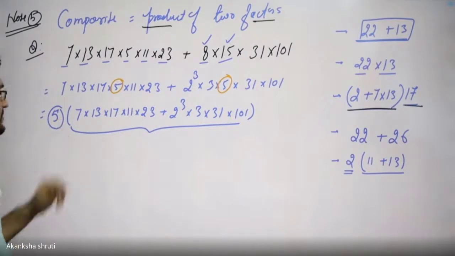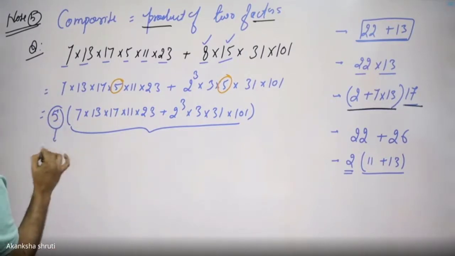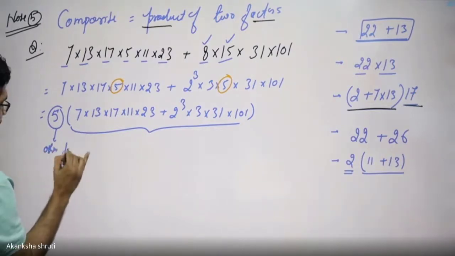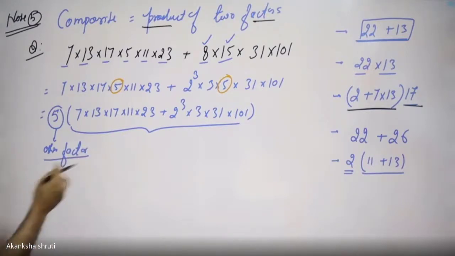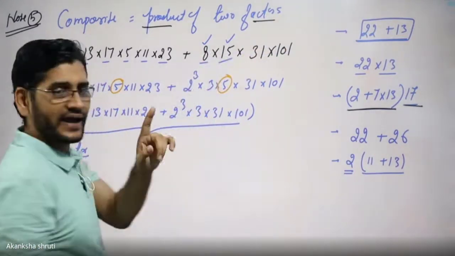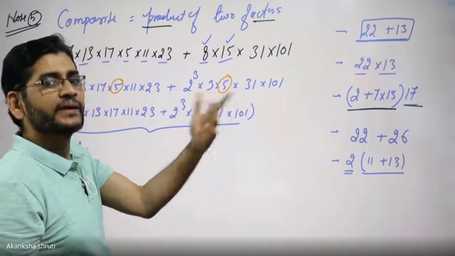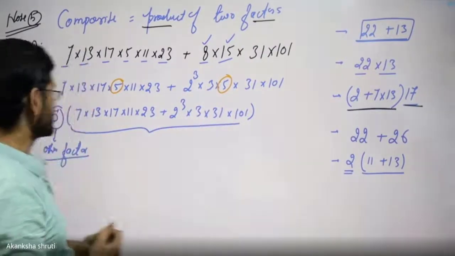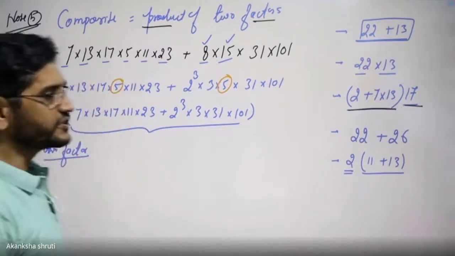So that is why 5 is the other factor. What do we mean by other factor? It is a factor other than the number itself and 1, which we use to find prime and composite. So we found another factor, and in this way it is composite.